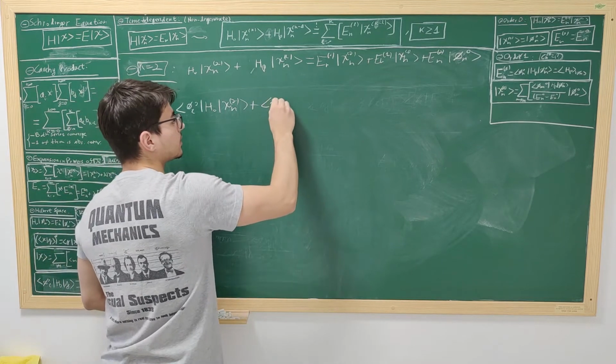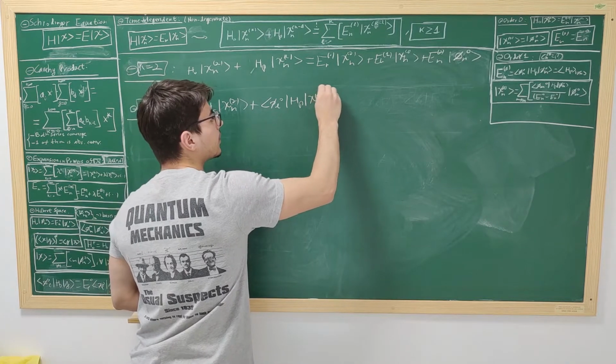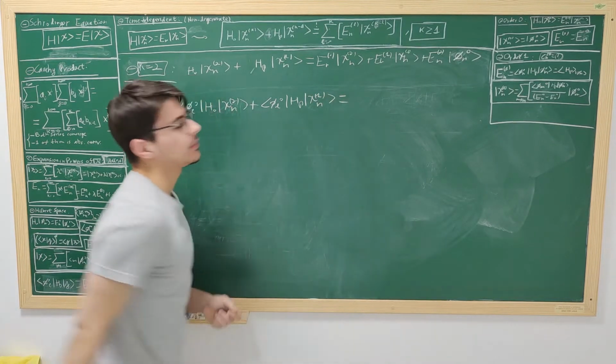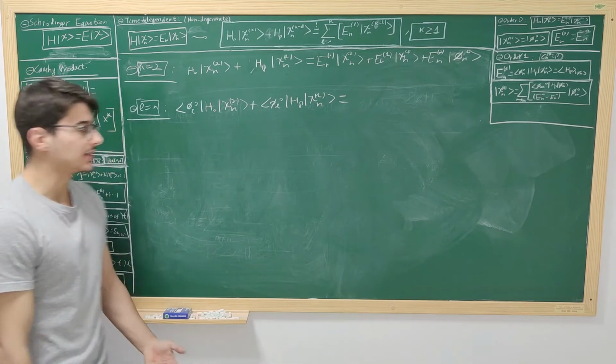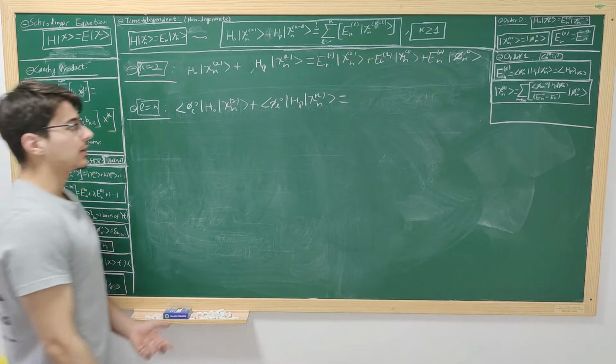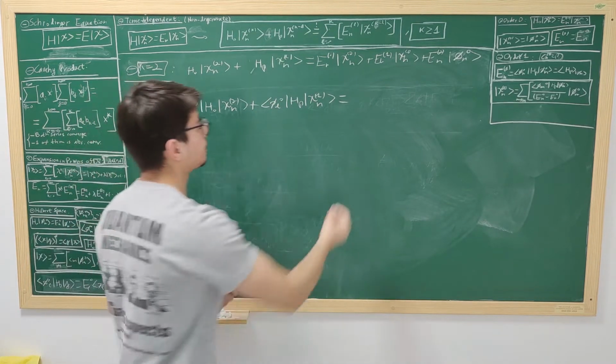Let me write it like this: phi L 0, H p, first order correction. Here I'm immediately going to use the fact that the inner product is linear, and it has the property that we can take the constants out.